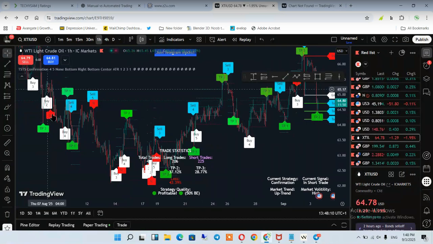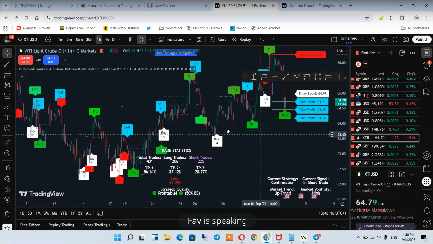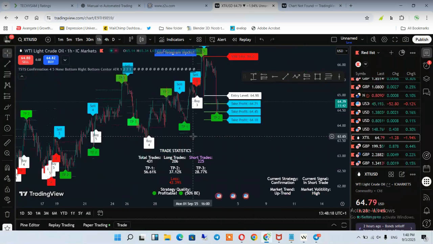Then we have 1, 2, 3, 4, 5, 6, 7. So 25 to 7. The difference is so far. Okay, that is on crude oil, 1 hour time frame.